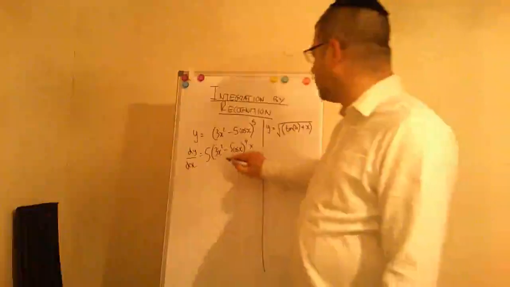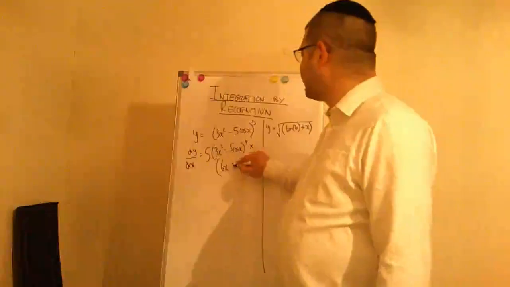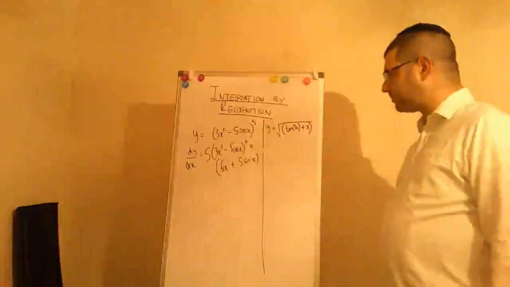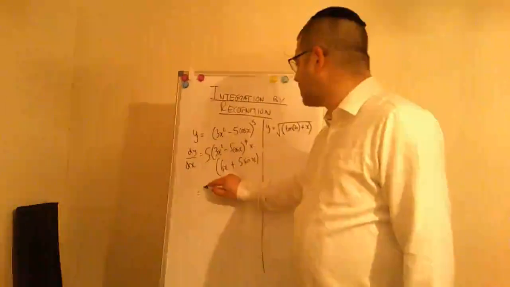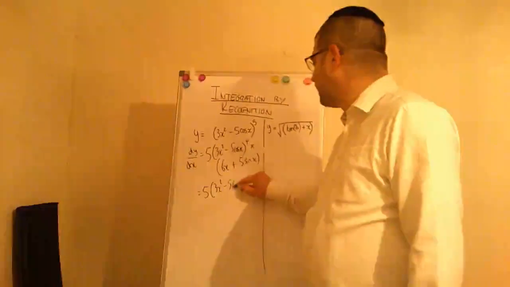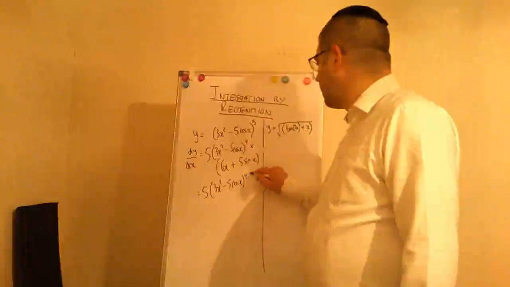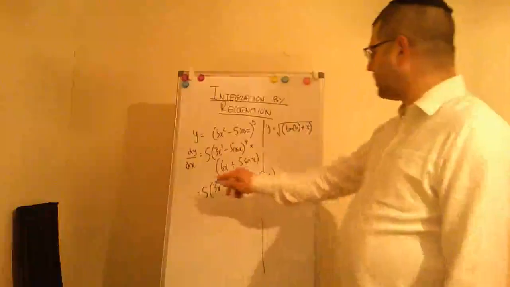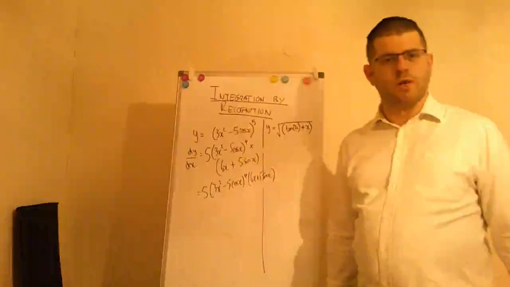Standard chain rule, which is 6x plus 5 sine x, which becomes 5. Not really a lot to do here, you can keep it like that. Just attempting to get this in one line. You could have had that bracket first, it doesn't really matter.